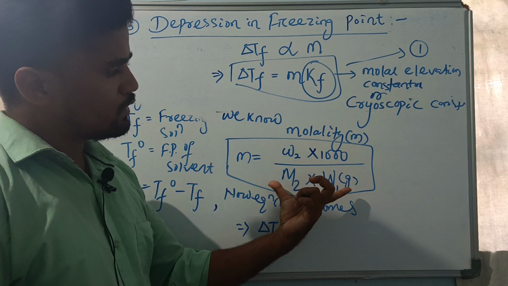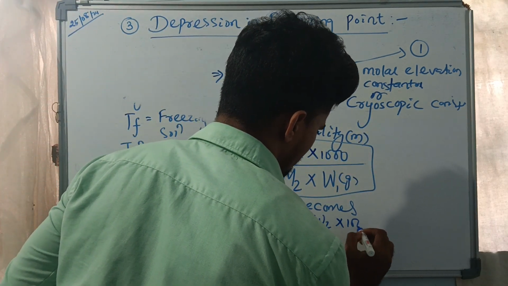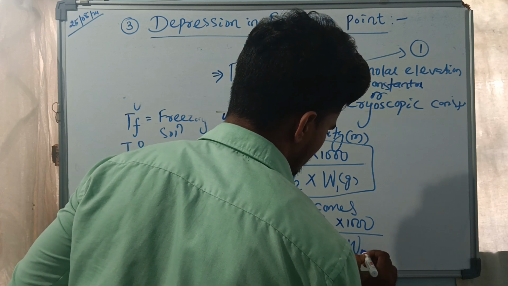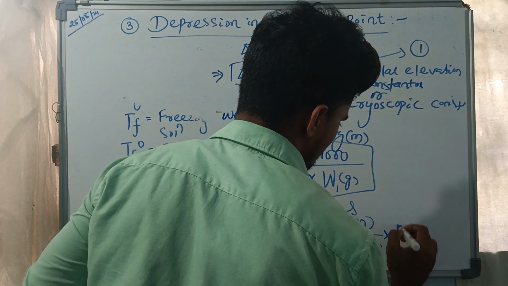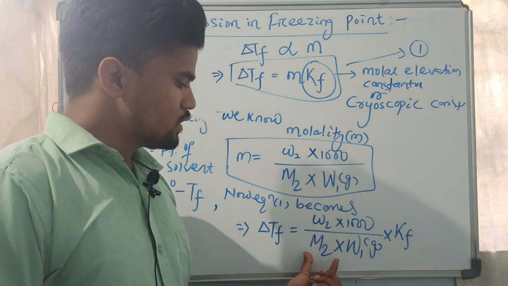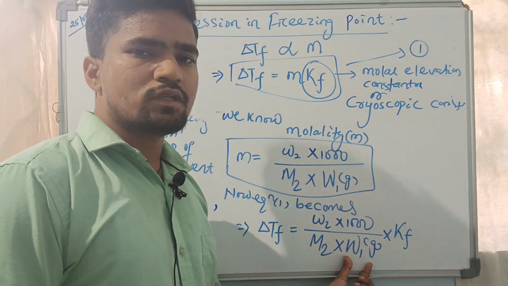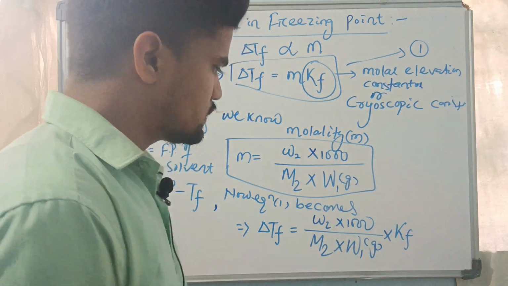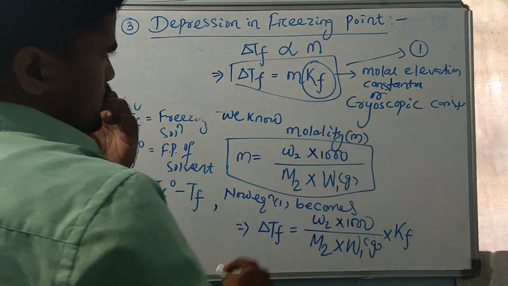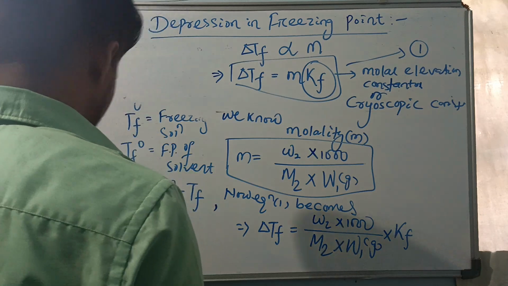So this value of m will fit in equation 1: Delta Tf equals W2 into 1000 upon M2 into W1, times Kf, where W2 is the weight of the solute, M2 is the molecular weight of the solute, W1 is the mass of the solvent in gram, and Kf is the cryoscopic constant or molal depression constant, right?